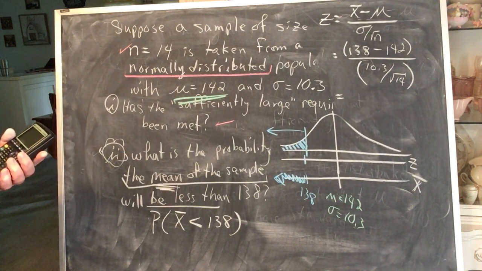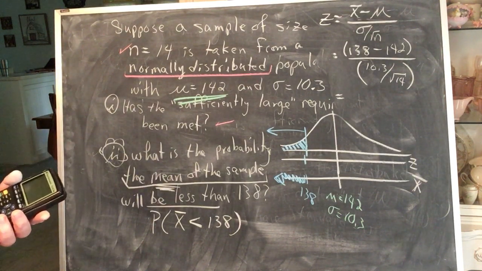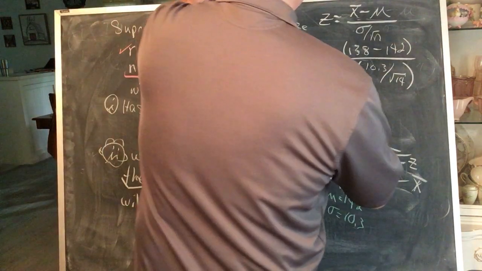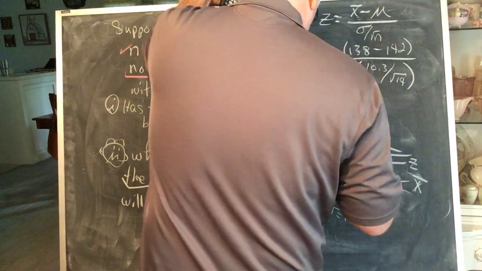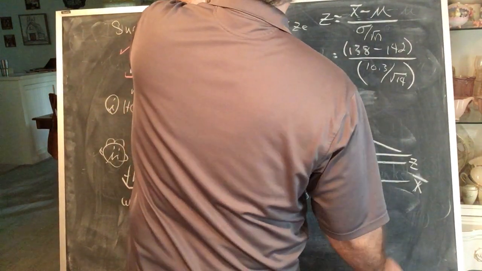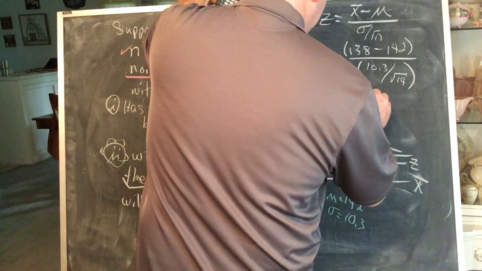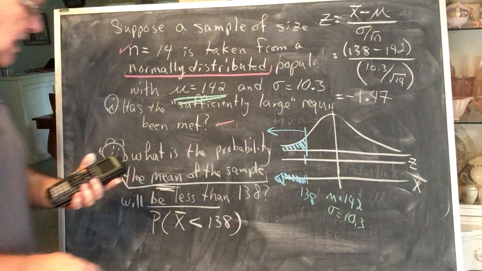This is my 14, close, close. Rounding to 2 decimal places, I have negative 1.47.